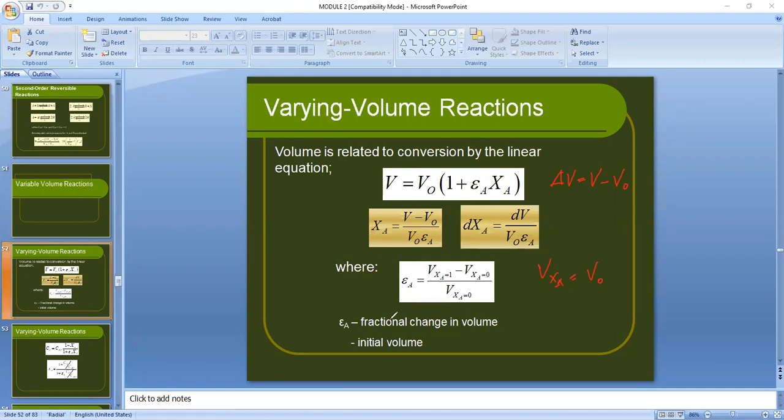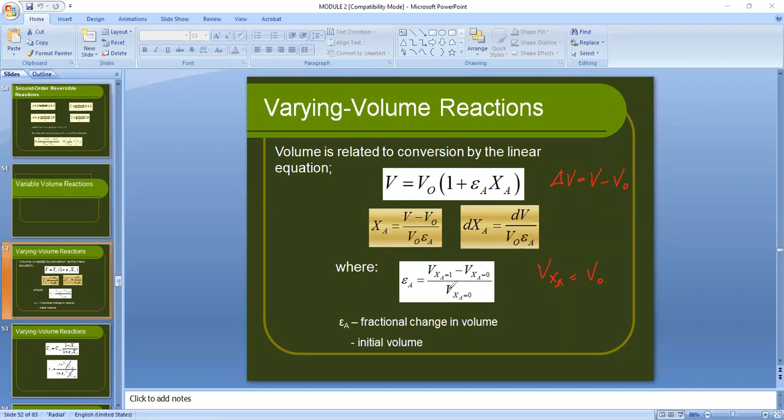If it's all pure reactant A, then you need only subtract the sum of the coefficients of the reactants, for X sub A equal to 0, from that of the products, for X sub A equal to 1, and the same thing for the denominator.